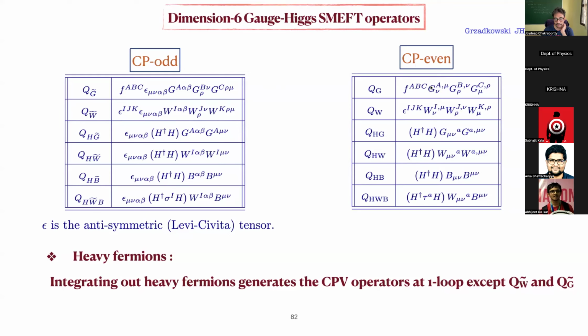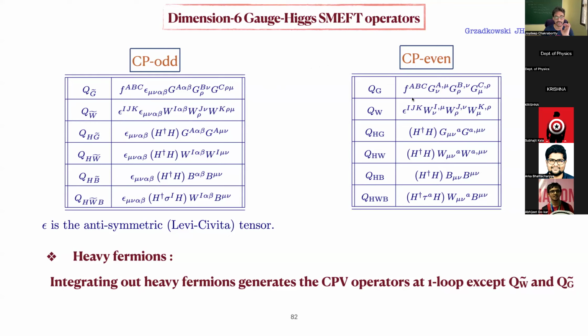It will be clear, because you can really show that unless you do a very non-minimal, skewed kind of scenario with some very fine cancellation, the CP violating operators will always be accompanied by the CP conserving operators.